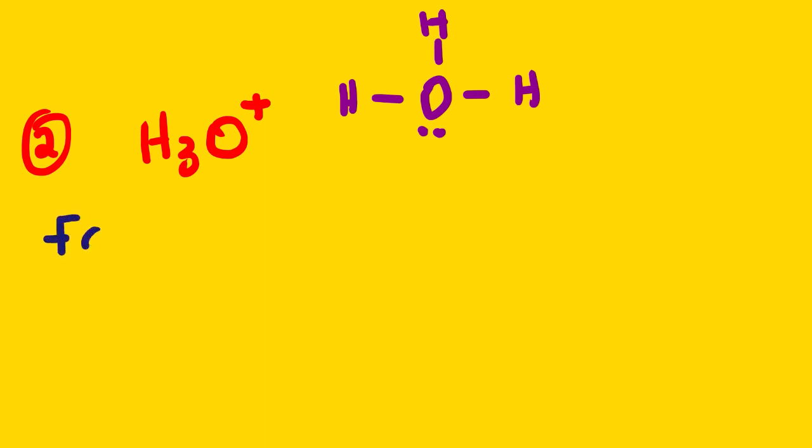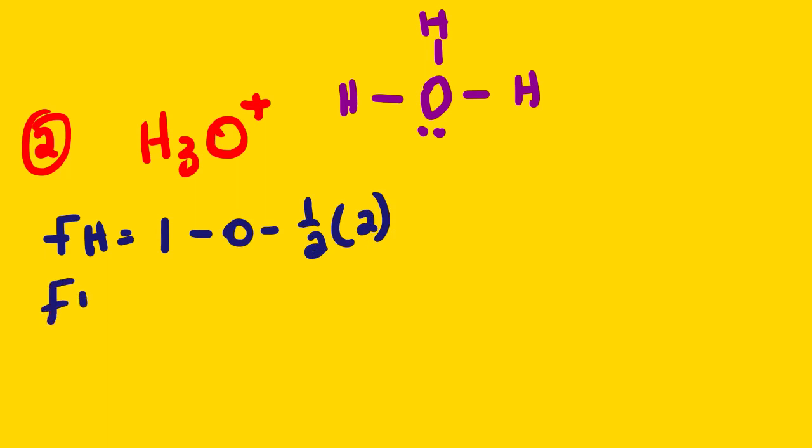So the formal charge of hydrogen in this case equals valence electrons 1, there are no lone pairs, 0, minus half of the bonded electrons, which is 2. So you can see that the formal charge of each and every hydrogen we have here will be 0. So we have 0, 0, and 0.